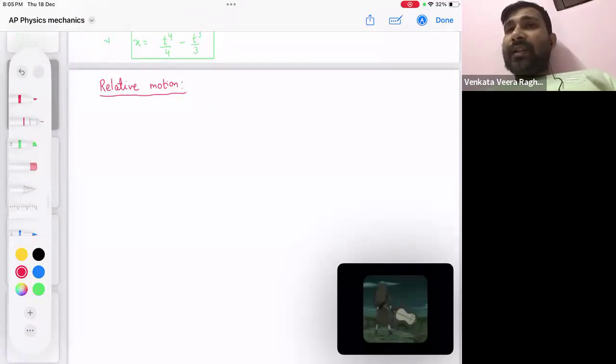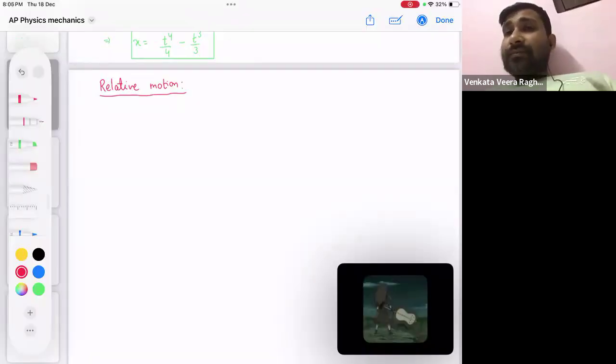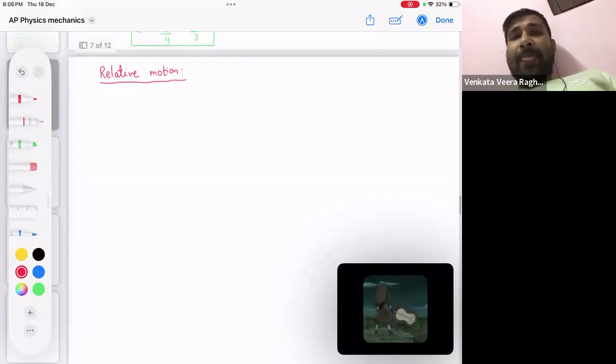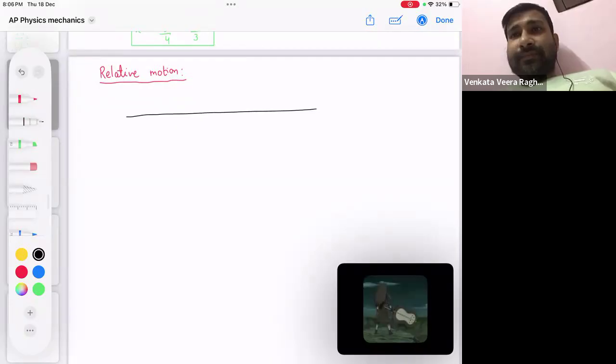So, if the motion of a particle is observed with respect to any moving observer, then that motion is called relative motion. Is that clear? Let me take just one example here.